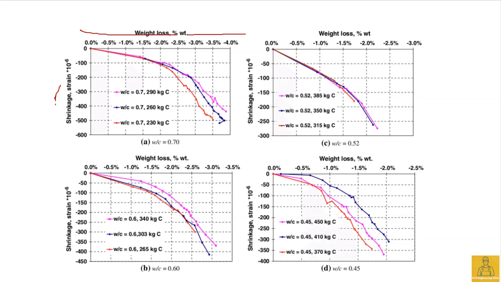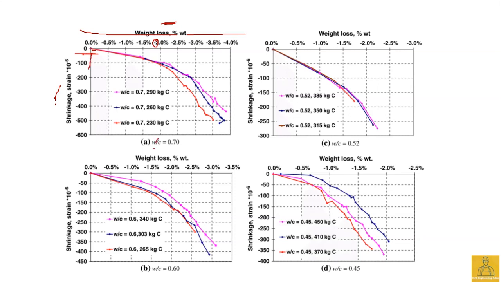The decrease is water loss, therefore it is represented with a negative. So when the water is decreased by evaporation, what happens to the shrinkage? It is going to increase.